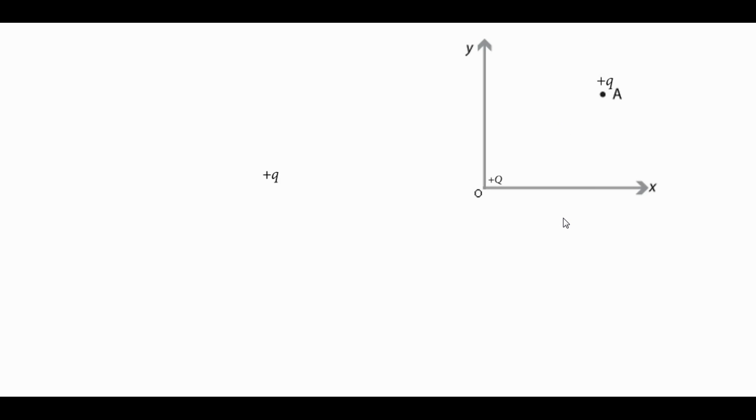It will exert a force as per Coulomb's law. The distance between both the charges is OA. Let's consider OA equals small r. Here we can see that the force according to Coulomb's law is F equals Qq upon r square.